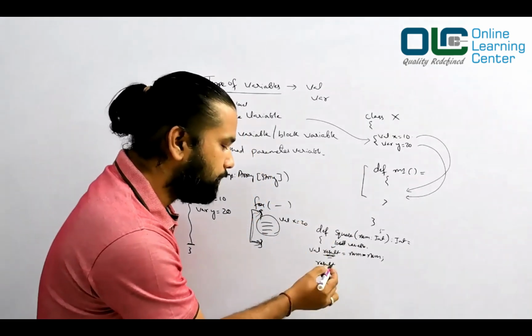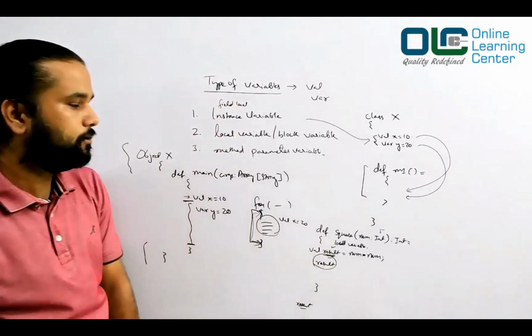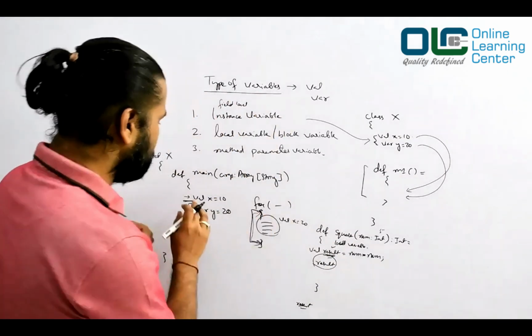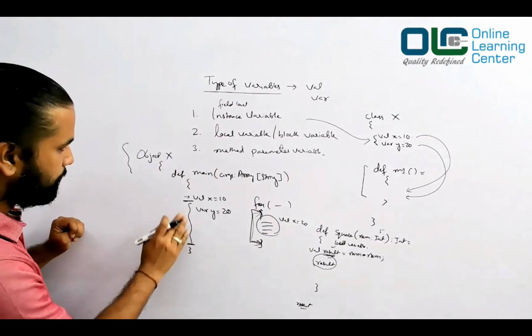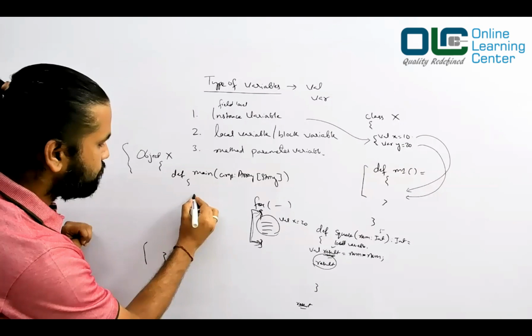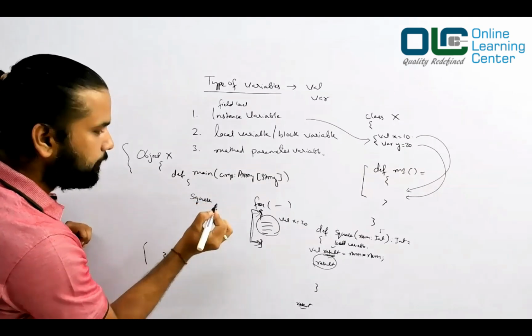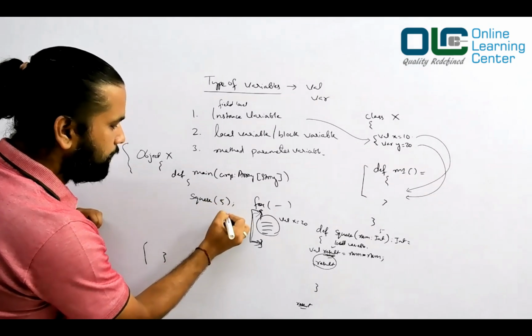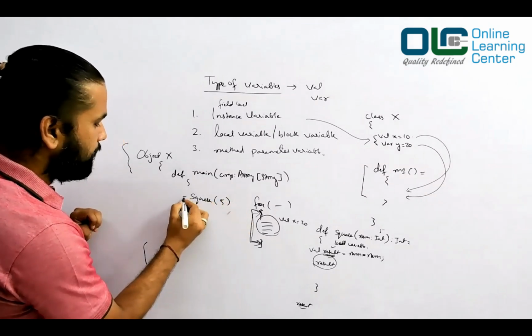However, if you're returning the value, somebody would catch it, isn't it? So probably in your main method, you would call the square method by passing 5, and you'll get a result.